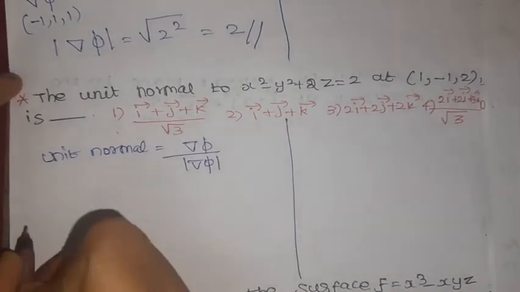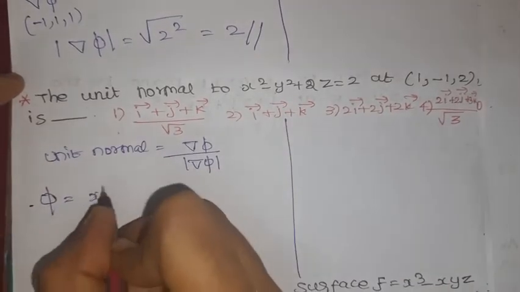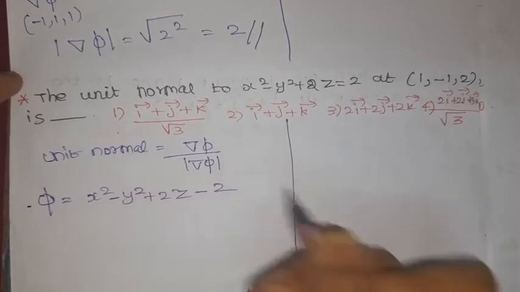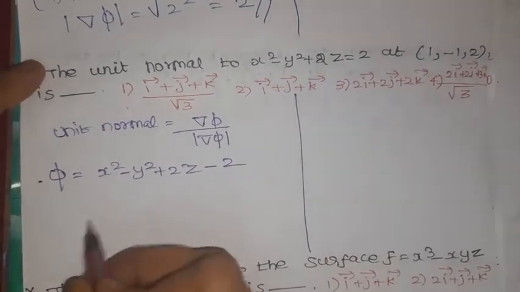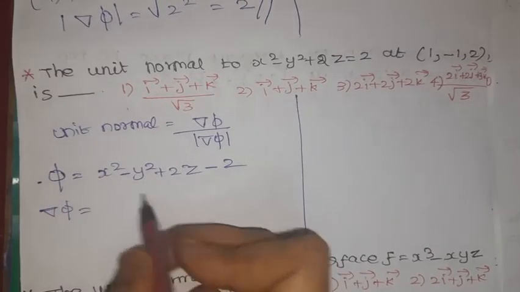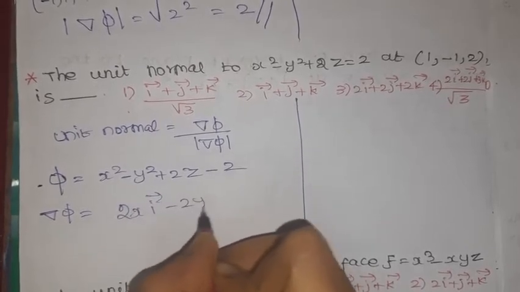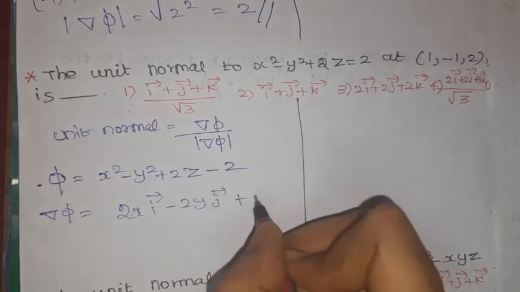Okay, del phi value. So what is phi here? X squared minus y squared plus 2z minus 2. The given point is also given. Then del phi value. So del phi, i into dou by dou x of this term, what we will get? 2x i minus 2y j. Then dou by dou z of 2z, what we will get?